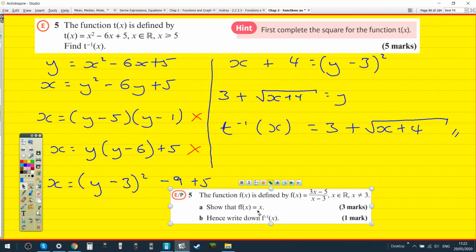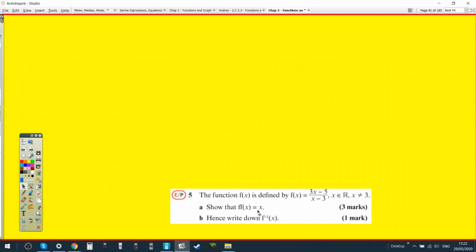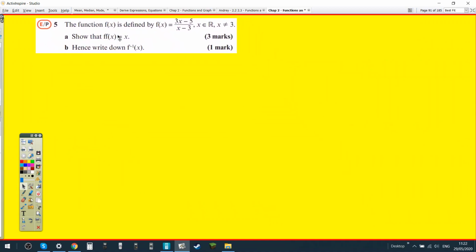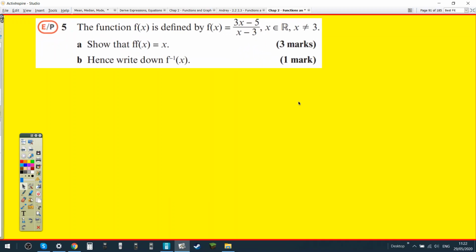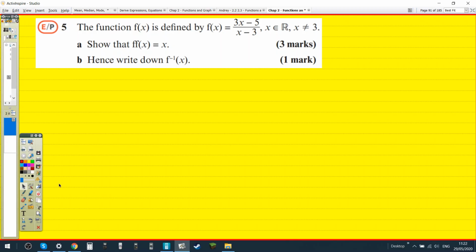Hang on, let's see. So that was that. That's alright. Just want to see this one. Show that f of f of x is equal to x. So you just sub it into itself. So what would be f of x? The 3x minus 5 over x minus 3 subbed into the x's in the equation, I think.